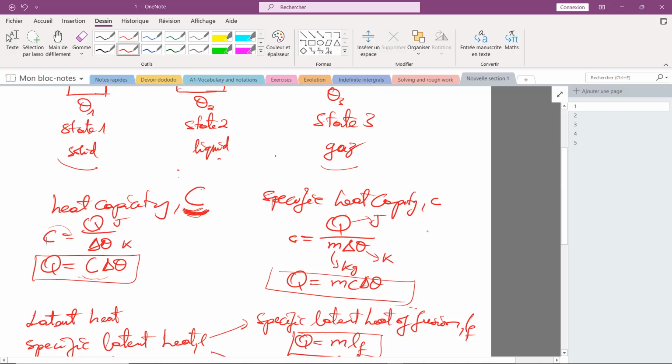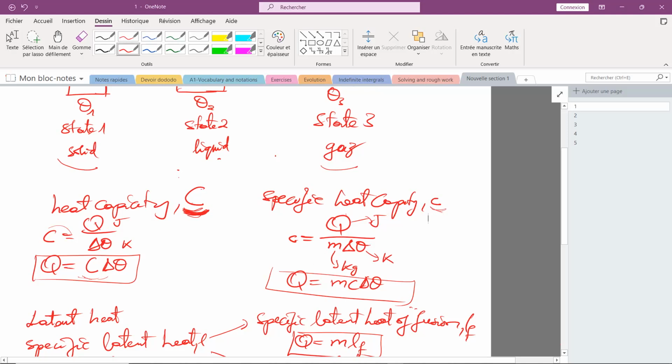The difference with heat capacity is that when we were defining heat capacity, we said it is the thermal energy required to produce a unit rise of temperature in a body, not in a unit mass of a body. You understand?